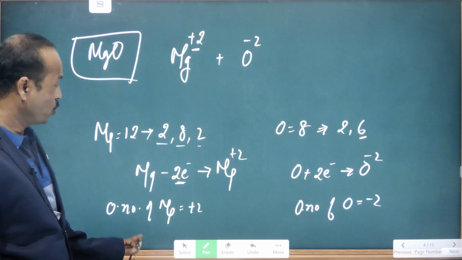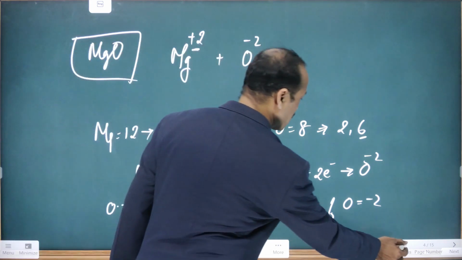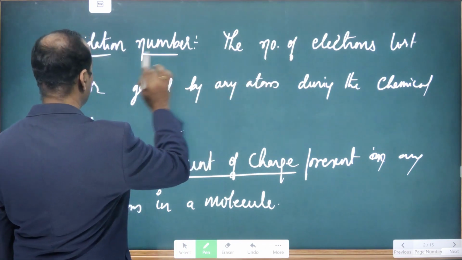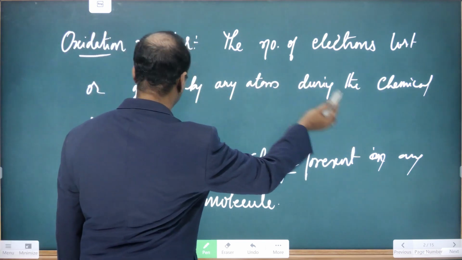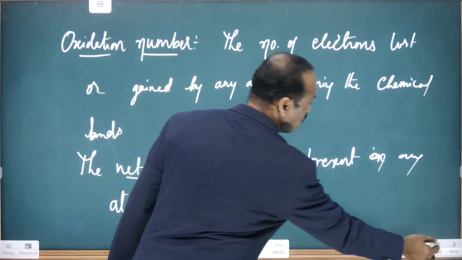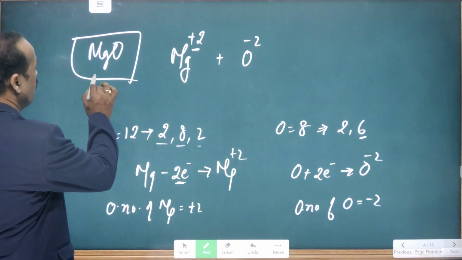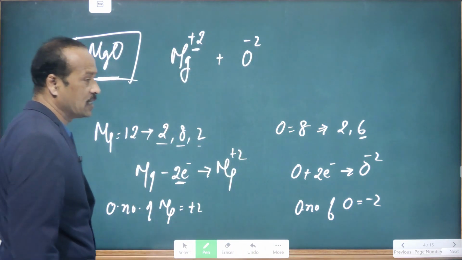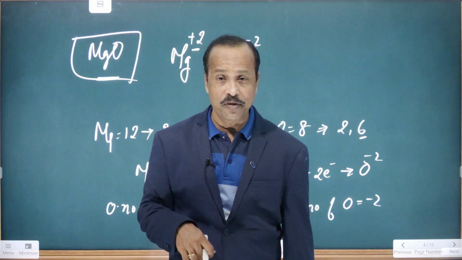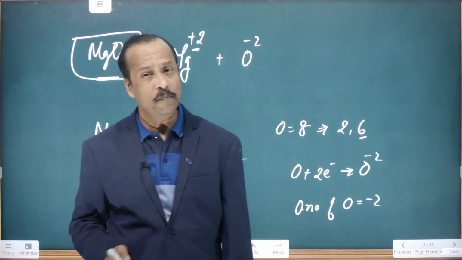Did you understand? Okay. According to our definition, the number of electrons lost or gained by any atom during chemical bonding is called the oxidation number. So here magnesium is losing 2 electrons to form a bond with the oxygen, and oxygen is gaining 2 electrons to form a bond with the magnesium.